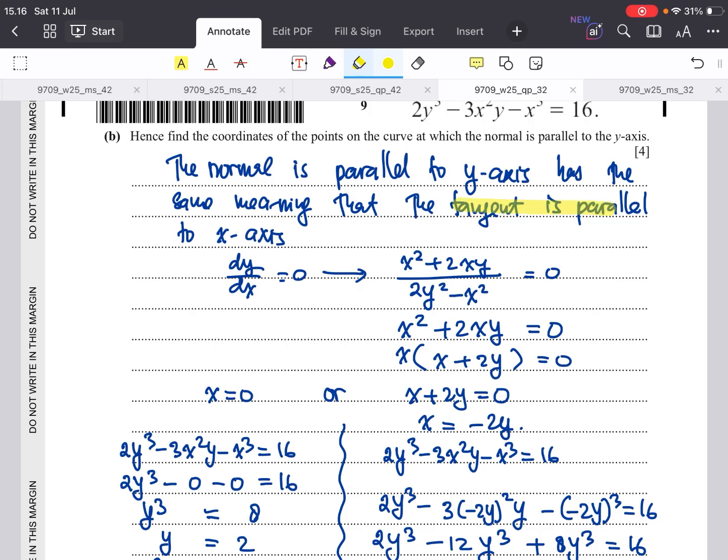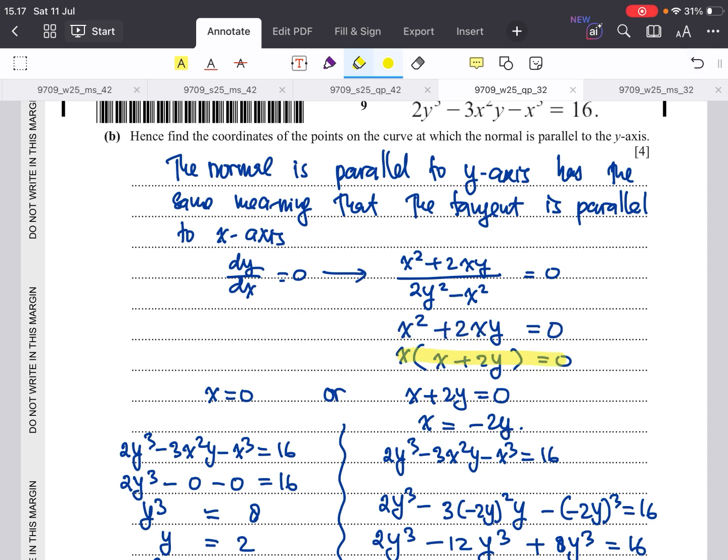Tangent parallel to x-axis, the condition is dy over dx equals 0. Remember that dy over dx from part A is x squared plus 2xy over 2y squared minus x squared. And then just equate with 0. So x squared plus 2xy is equal to 0.